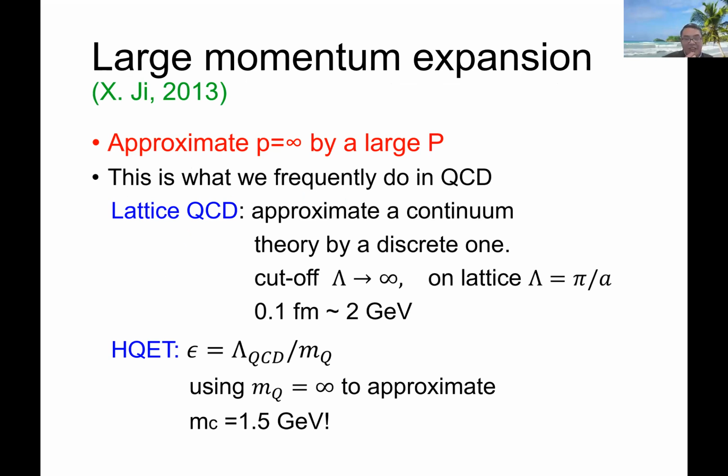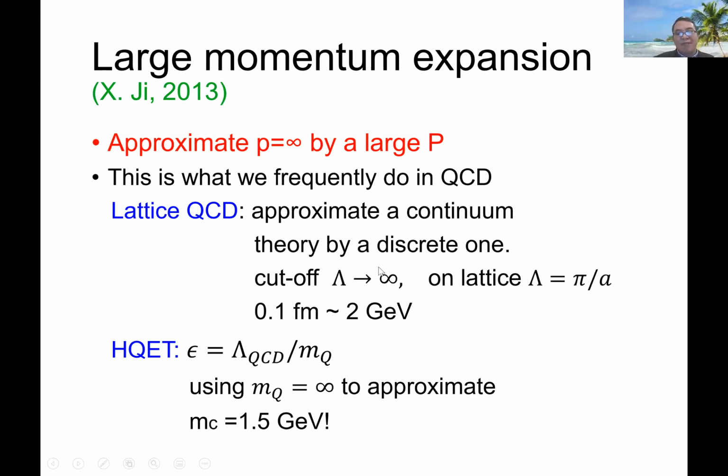So I proposed this in 2013. The basic idea is that Feynman's parton corresponds to momentum equal to infinity, but I can approximate it by a large momentum. And in fact, it does not have to be very large. That is what we do frequently in QCD. For example, in lattice QCD, we use a discrete space-time to approximate a continuum field theory.